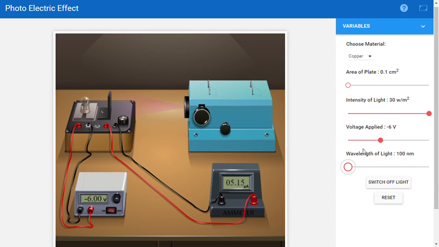Suppose we plot the graph for three wavelengths, say 100 nanometer, 120 nanometer and 140 nanometer. As we know, wavelength is inversely related to the stopping potential, so light with greater wavelength will have lower stopping potential, and we can verify this with this simulator.